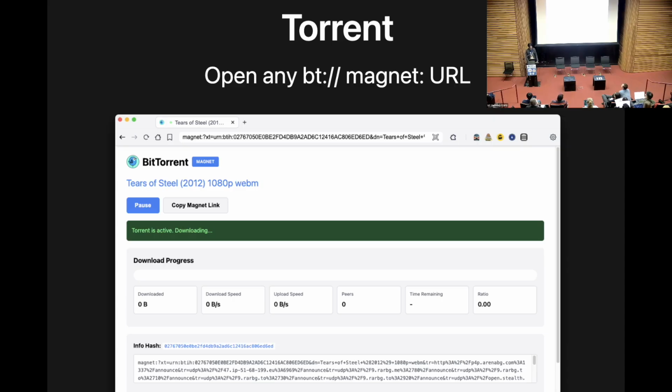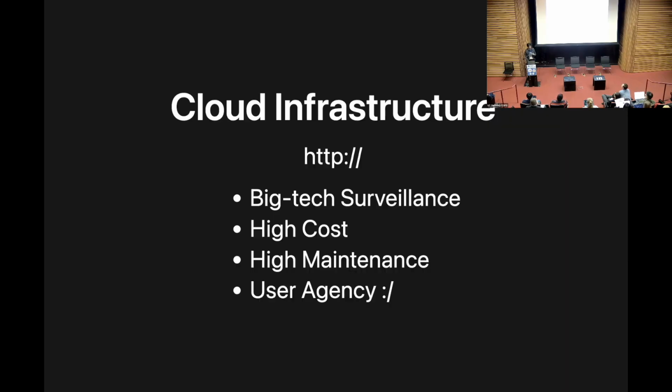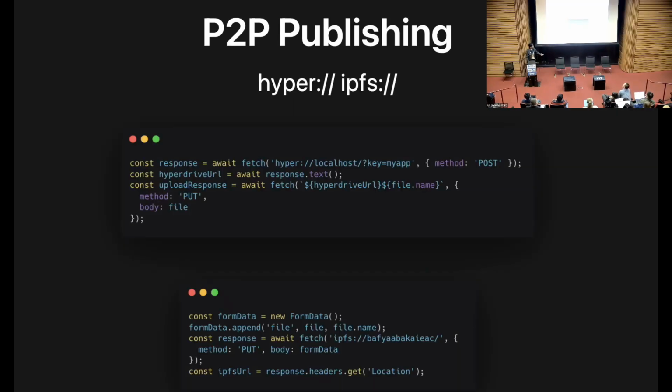Yeah. So let's look at how it looks like to build apps on cloud infrastructure. So it's HTTP. There's big tech surveillance. It's high cost, high maintenance, and complex code. And as you know, there's no user agency. But P2P is free. Yeah, and like you can just throw these lines and publish content. All the apps I showed you, they are all static apps, 4 to 8 lines of code.